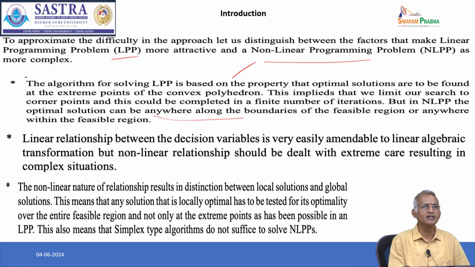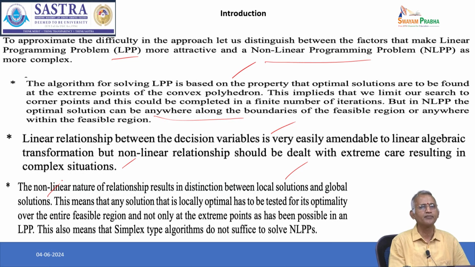So, linear relationships between the decision variables are very easily amenable to linear algebraic transformation, but nonlinear relationships should be dealt with extreme care, resulting in complex situations. The nonlinear nature of the relationship results in a distinction between a local solution and a global solution.